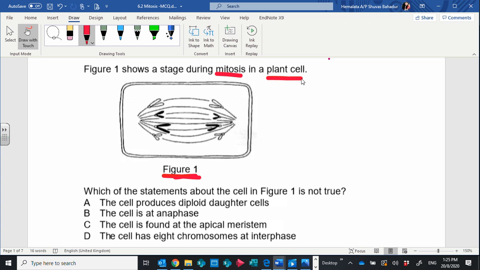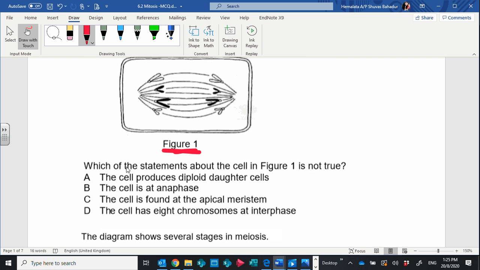Now, another tip for you is whenever you encounter any keywords, just highlight or underline. Next, look at the question, which is "not true". So please highlight this one or circle it. I would love to circle it anyway.